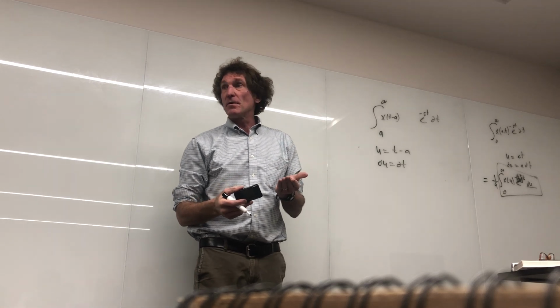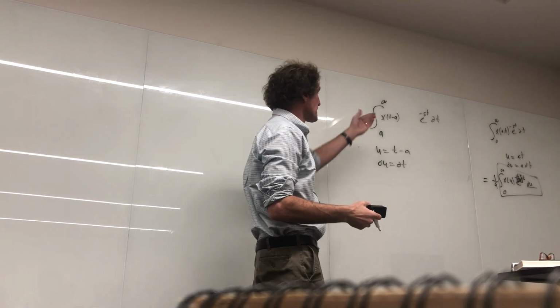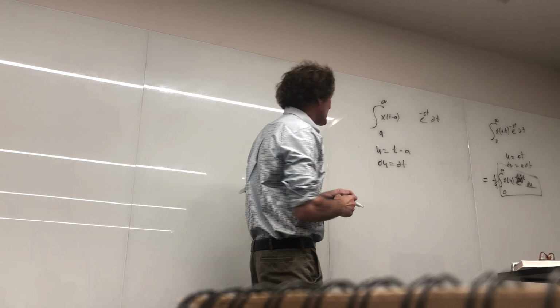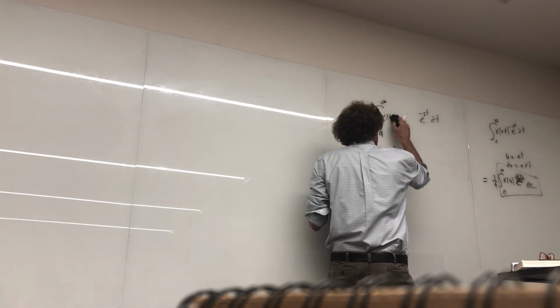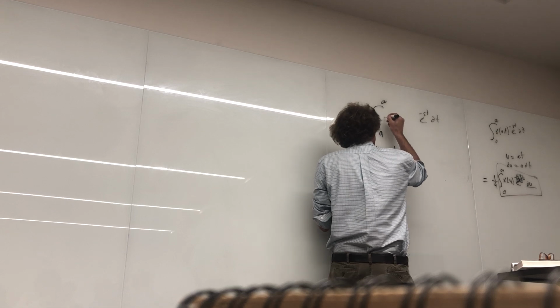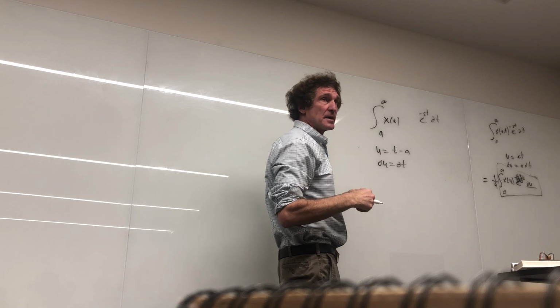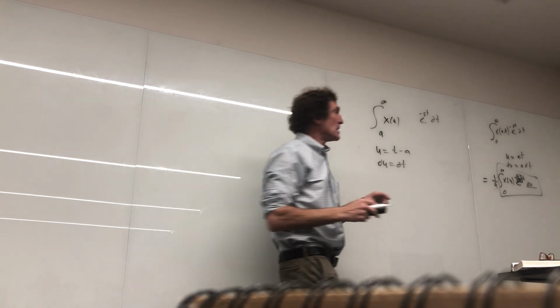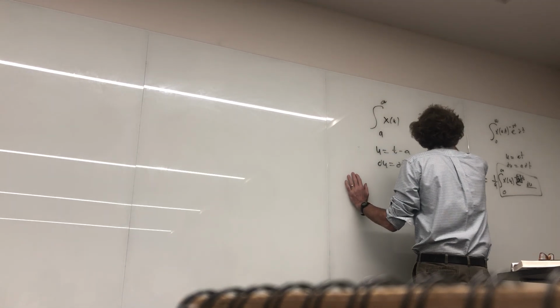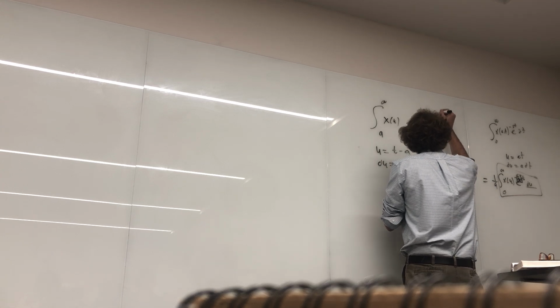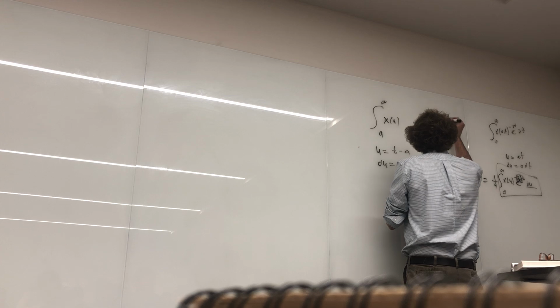Now, at that point, the only thing we do is make the proper substitutions. So now I can say that this is x of u, right? t becomes u plus a, doesn't it, class? So this becomes u plus a, and dt becomes du.